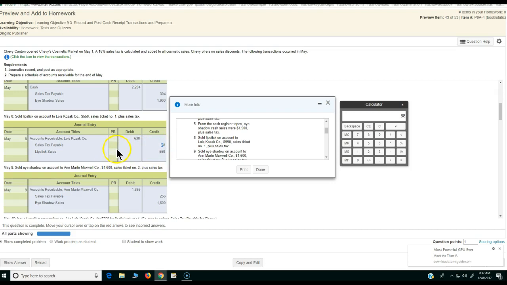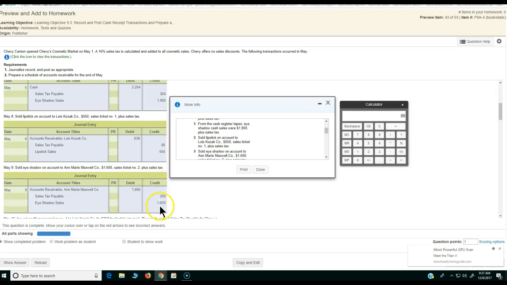If we made the sale, ultimately we have to pay the state the $88 for the sales tax, and can only record the amount of revenue that we receive. The revenue here is not 638; it's 550. So that goes to our income statement. That goes to our balance sheet. Same over here.